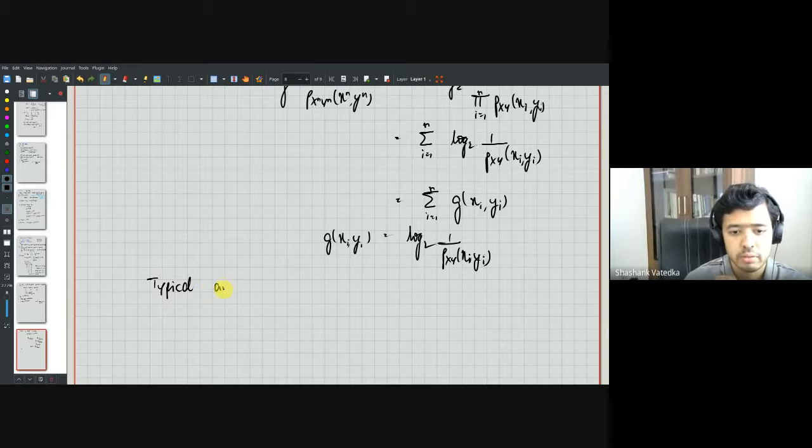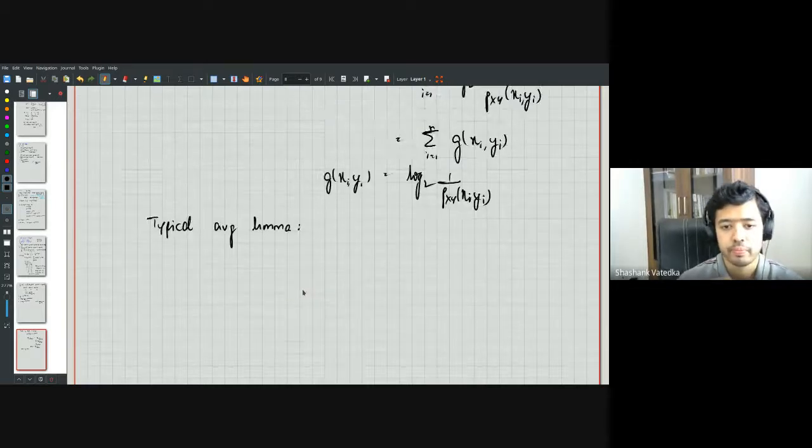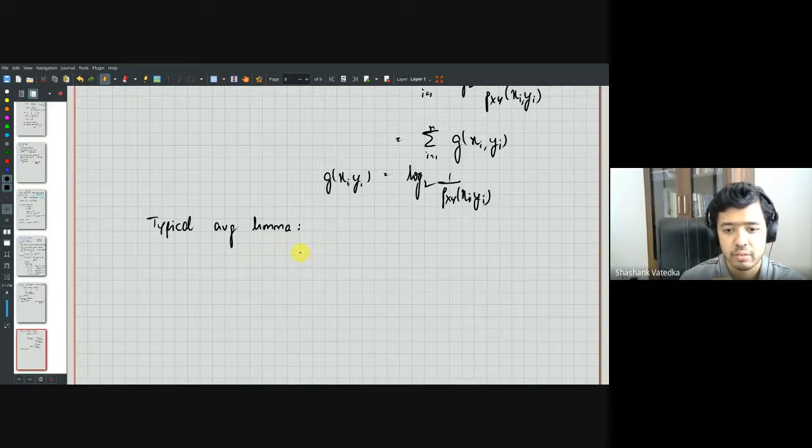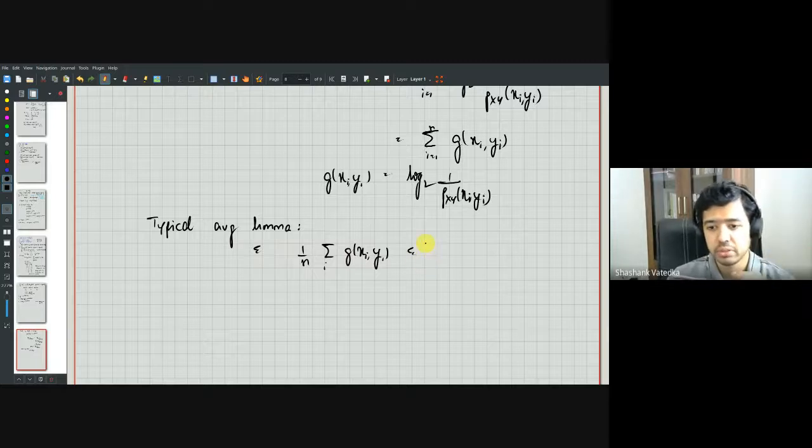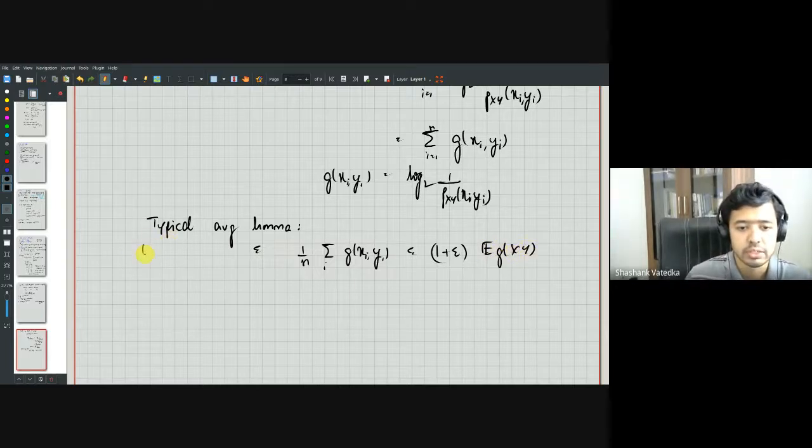So by the typical averaging lemma, 1 over n summation over all i of g of x i y i, for any typical sequence, if the pair of sequences is epsilon typical, is at most 1 plus epsilon times the expectation of g of x y, and at least 1 minus epsilon times the expectation of g of x comma y.